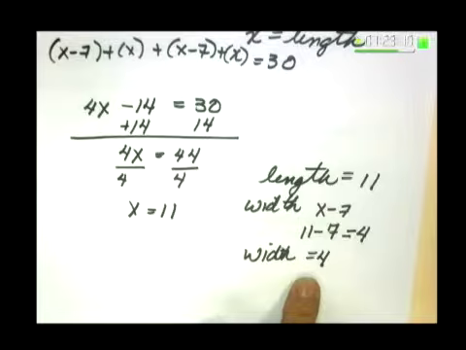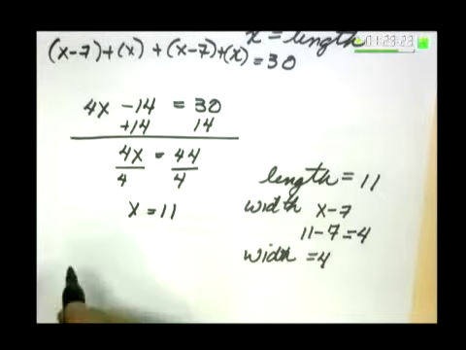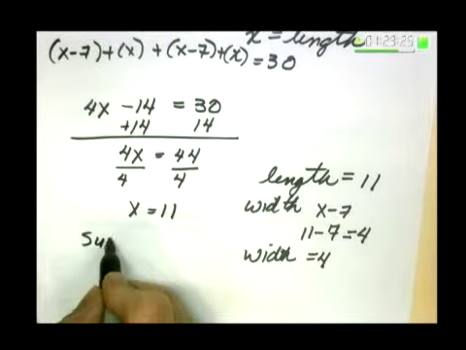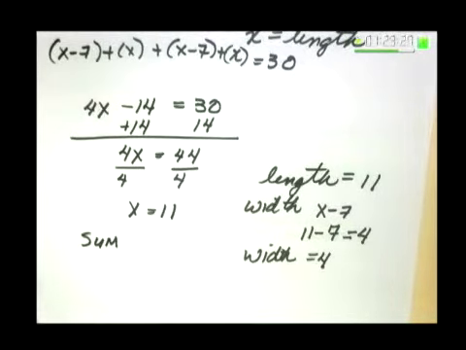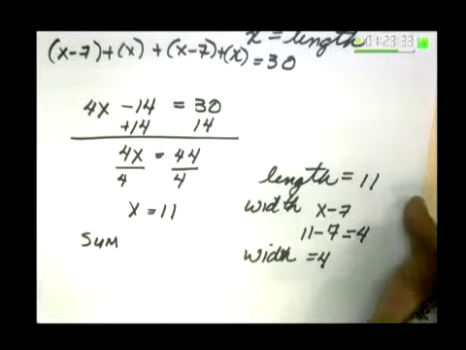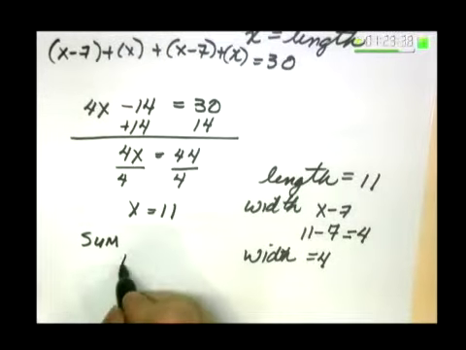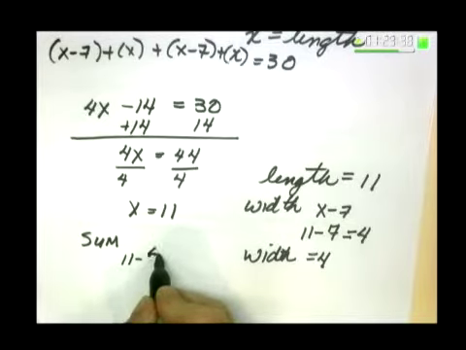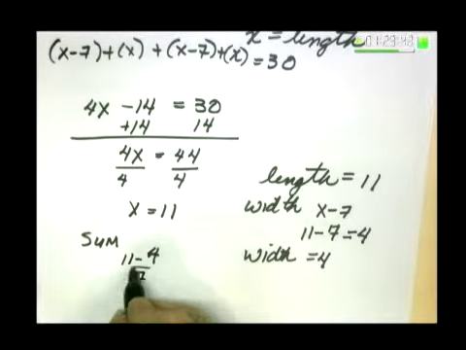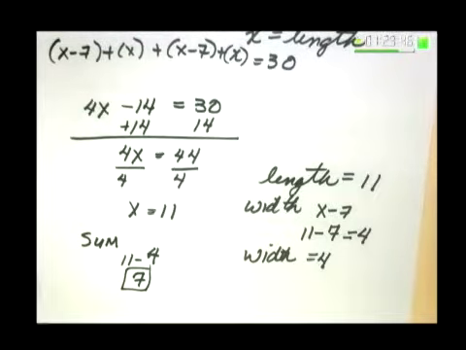We got the length was 11, the width was 4. But what if they said, what is the sum of the length and the width? Sum means it's the answer to an addition problem. So what's the length? 11. What's the width? 4. So 11 minus 4, and that would be 7, if they ask that question.